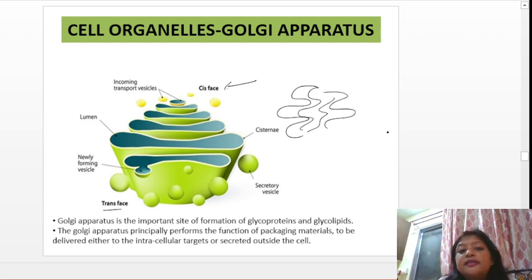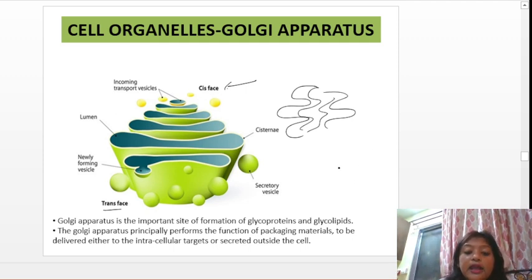The function of the Golgi apparatus is the packaging, modifying, and transport of protein molecules to different target places. They may go to the cytoplasm, to the lysosome, or outside of the cell also. So this is the function of the Golgi apparatus.